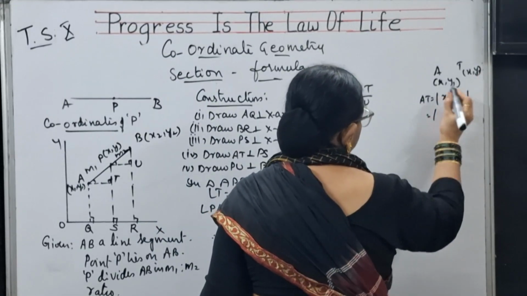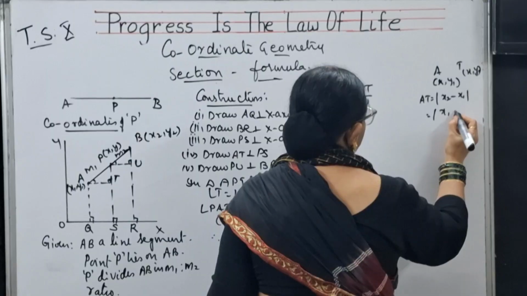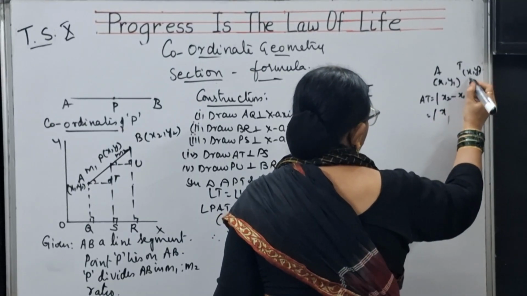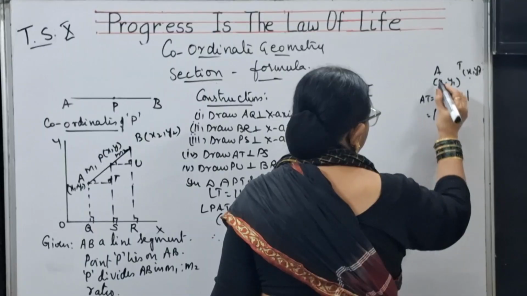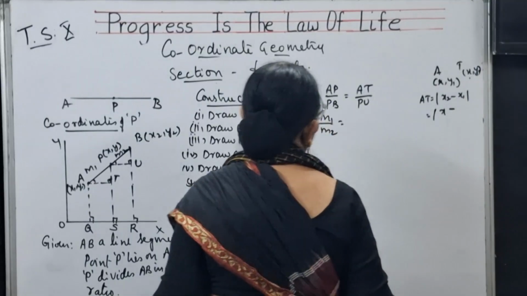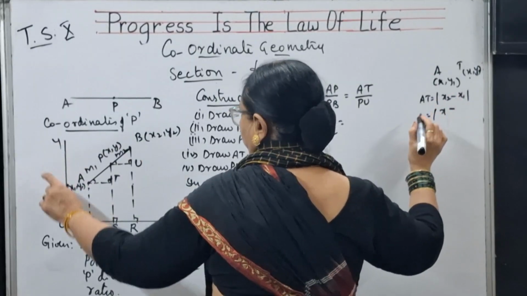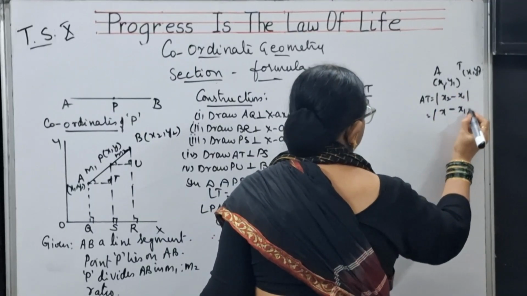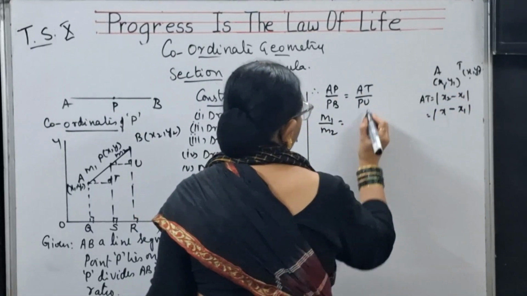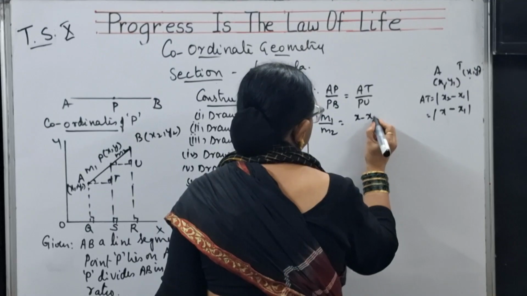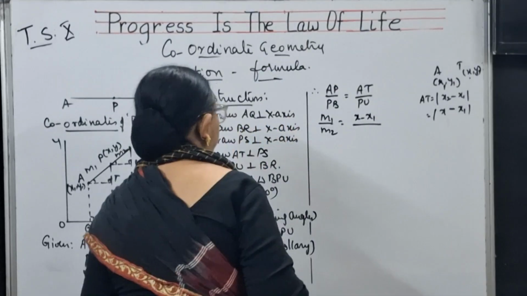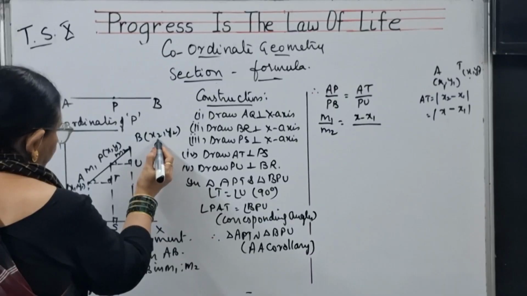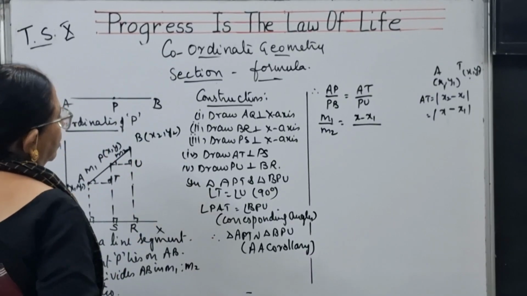So modulus x2 minus x1 means, here x1, x2 is x. That is x minus x1. What is x1? A is x1 comma y1. So x minus x1. So instead of AT, I will write x minus x1 by, instead of PU, x2 minus x.